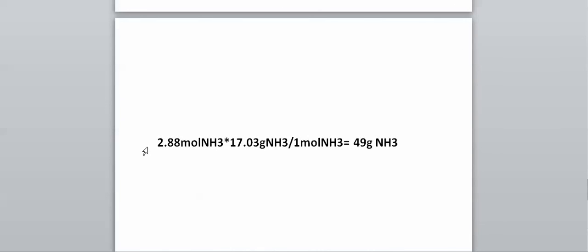We use the amount of NH3 we got from the limiting reactant to get the theoretical yield, and we use ammonia's molar mass to convert the amount from moles to grams. The molar mass of NH3 is 17.03 grams per mole. After calculating, you get 49 grams of NH3.